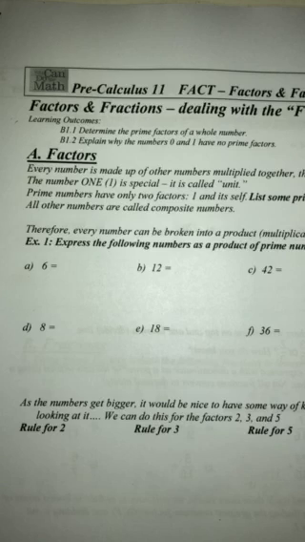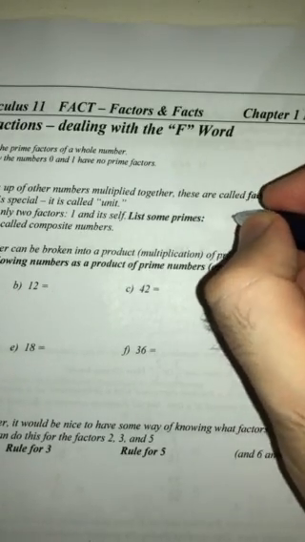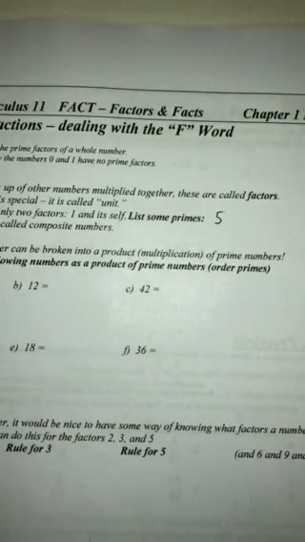The first thing we need to talk about is prime numbers. So prime numbers, when you figure out the factors of it, you just have one and itself. So an example of a prime number here would be, say, the number 5. So I cannot write 5 as a multiple of two things other than just 5 and 1.